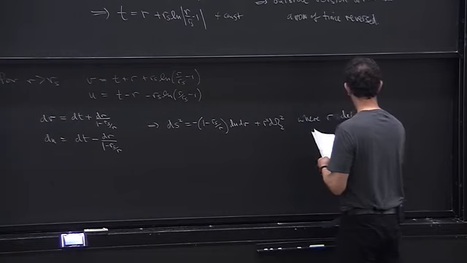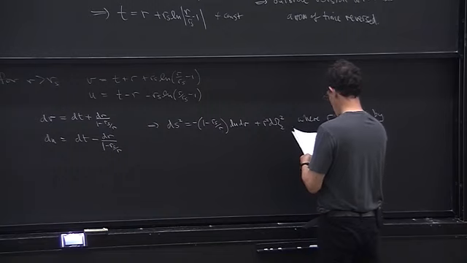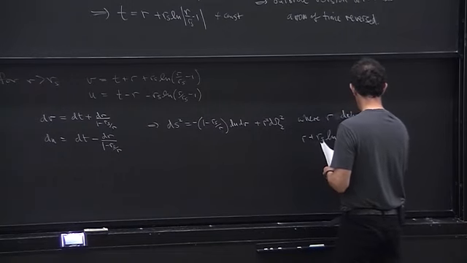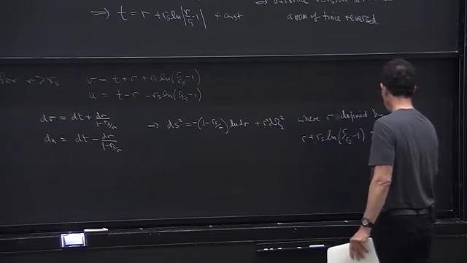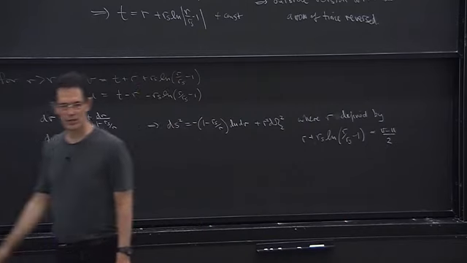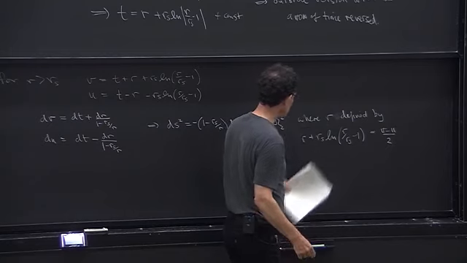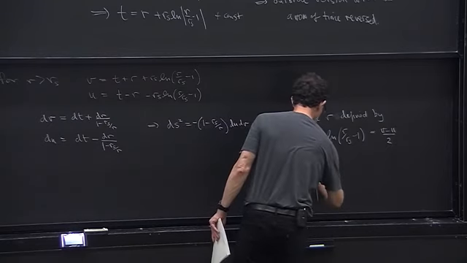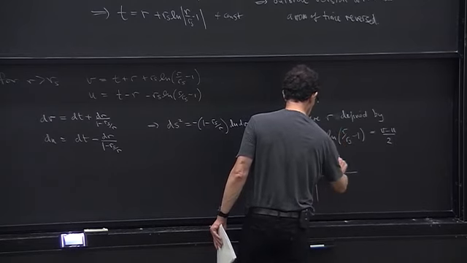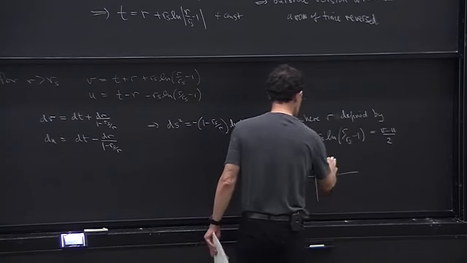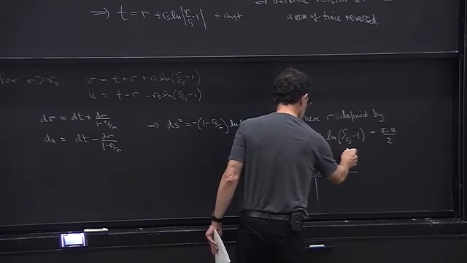defined by r plus rs log (r over rs minus 1) equals (v minus u) over 2. That's a kind of nasty equation, but it's a perfectly good equation. If I think about the left-hand side, it's just some function of r. Basically it's linear in r, plus this logarithm, which goes to minus infinity as r goes to rs.